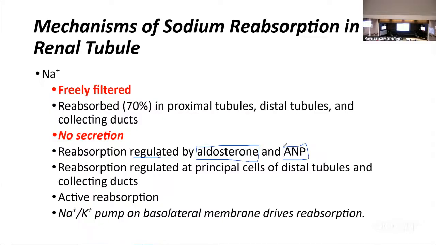So distal tubules and collecting ducts, specifically in a type of cell called a principal cell. This is going to be active reabsorption. It is going to use energy because we are going to be using a sodium potassium pump, even though we're also going to see the need for these signals from elsewhere in the body to tell us it's time to do this.